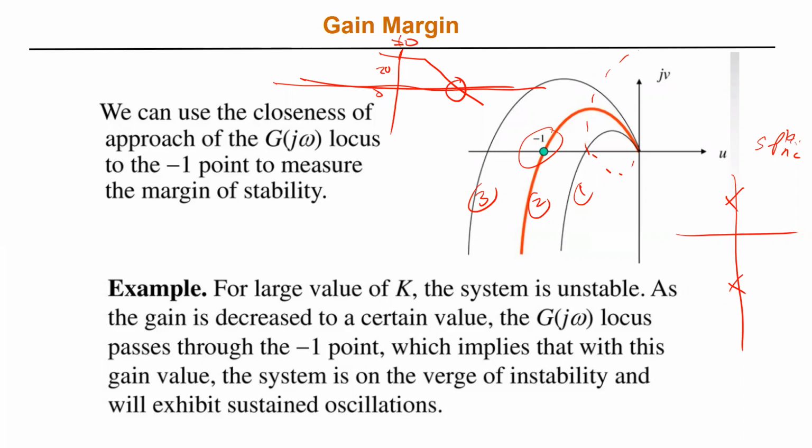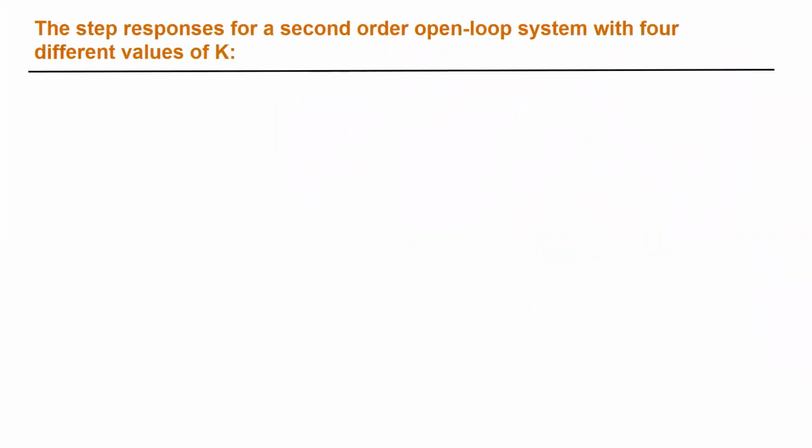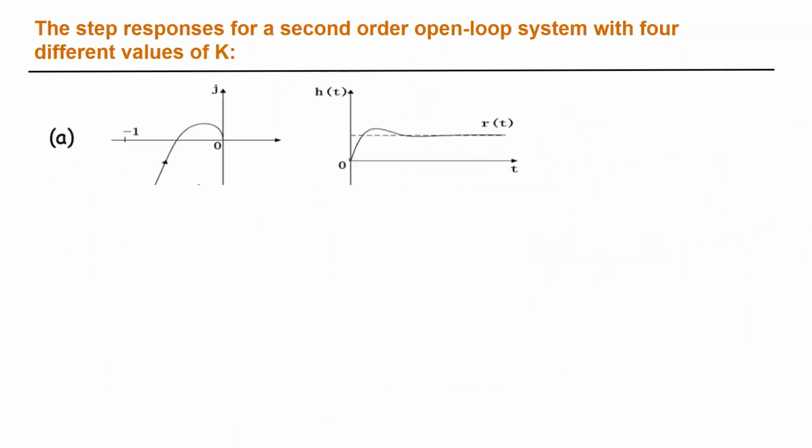Now let me relate this to the time domain. The first situation: suppose I have the intersection of the polar plot with the real axis far away from the -1. This corresponds, in the time domain, to this type of response. The system is stable.